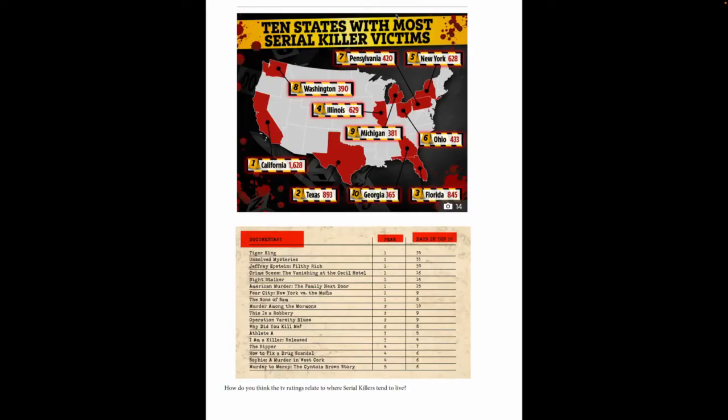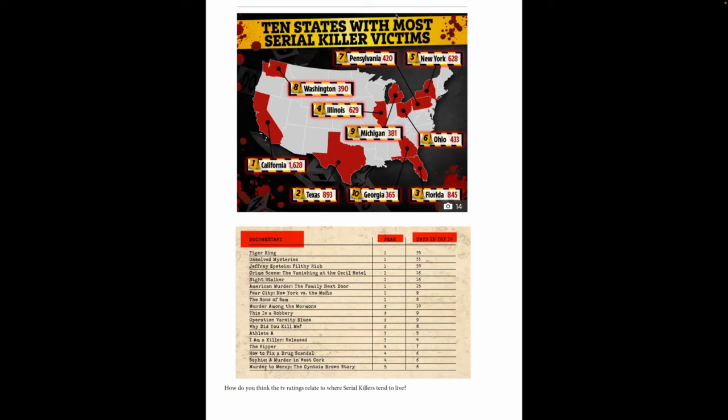The next one is kind of a fun one, I think. What's going on with the obsession that we have with true crime and related shows on TV, and what does that have to do with where serial killers actually live? Think about where those shows take place, and then think about what it says about the cultures in those areas that there's so much activity and so much interest.